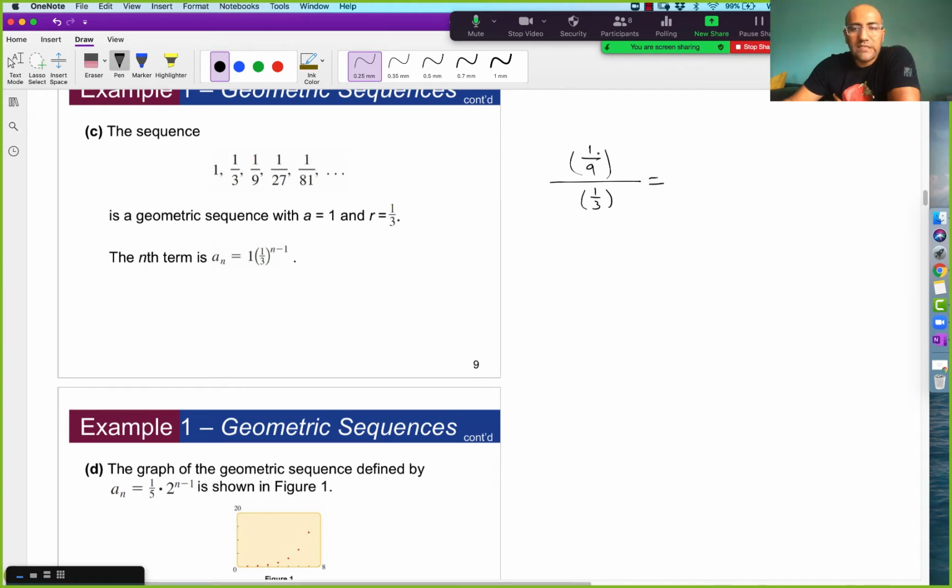So the way to simplify this is to leave the numerator alone, right? And then the division, we turn it into multiplication, and then we multiply it by the reciprocal of the denominator. So we get that, and now that reduces by 3. So we end up with 1/3.